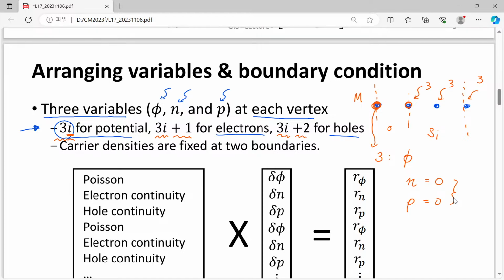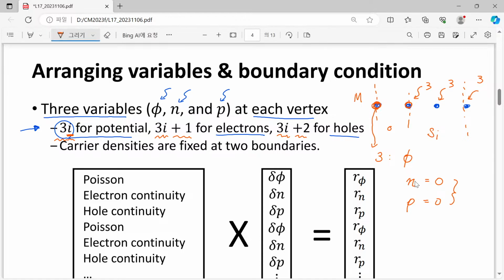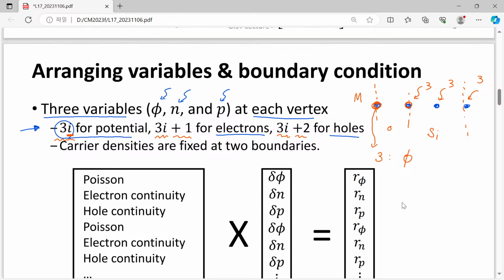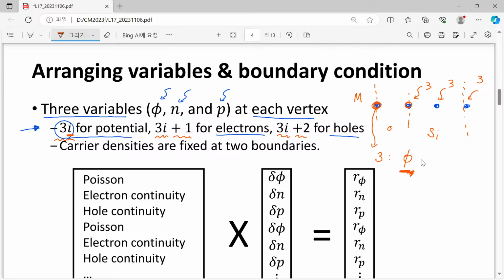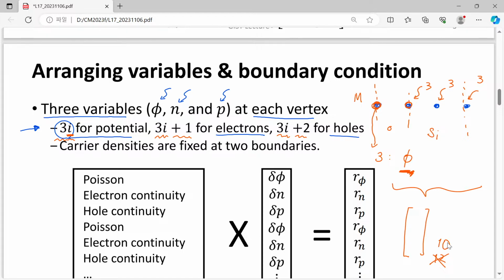So what is the electron density? What is the hole density? That is a meaningless question. So in this case, only the electrostatic potential is needed to specify this system. If we adopt this, then our solution will no longer have 12 unknown variables, but a more compact form with only 10 unknown variables. Okay, are you all with me?